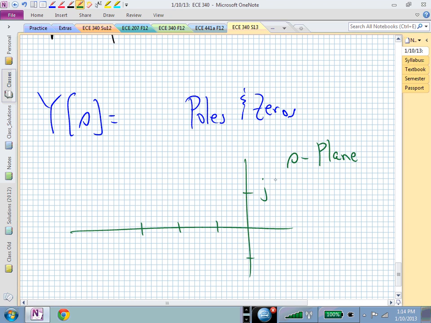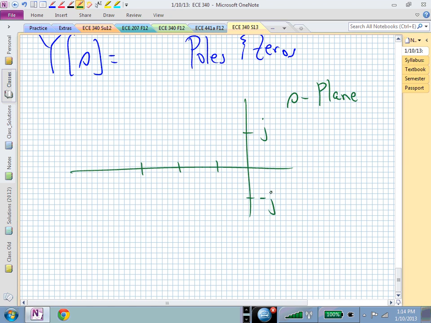This is now, let's say, j1, this is minus j, and let's say this is -1, -2, -3, and the negative real direction in the complex S-plane. Zeros we will indicate by open circles. Poles will simply be x's.